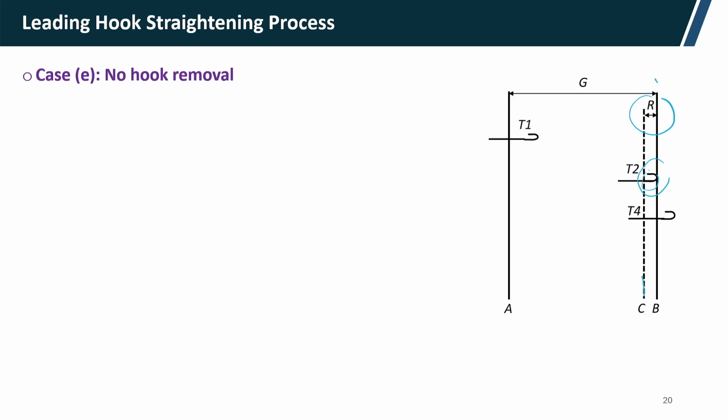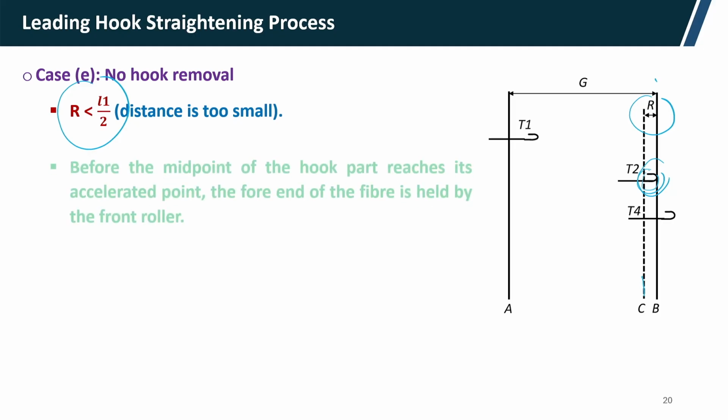The fiber hook will immediately reach the front roller nip and the hook will not be straightened properly. R is less than half of the hook length, that is, too small r.